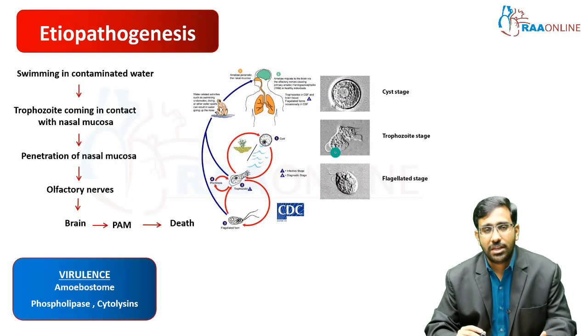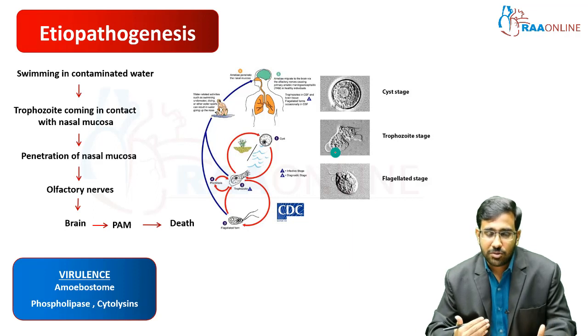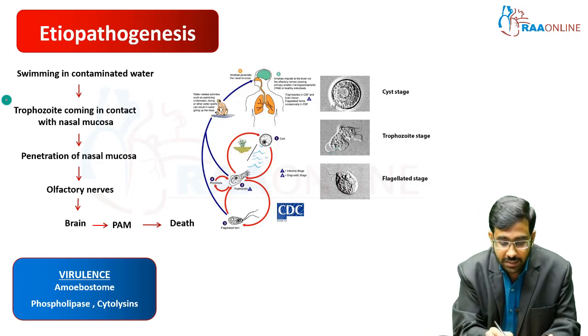Now moving on to the etiopathogenesis. Whenever we have a bath in contaminated water, like contaminated river water or pond water, we come in contact with the pathogen. The trophocyte form is going to come in contact with the nasal mucosa. This is the primary step in the infection.